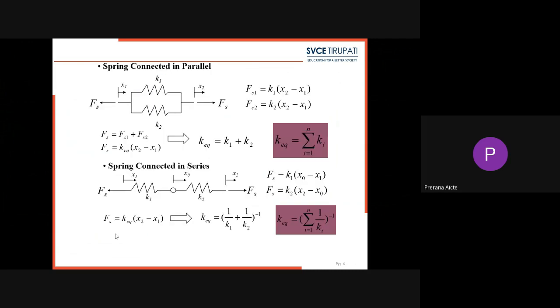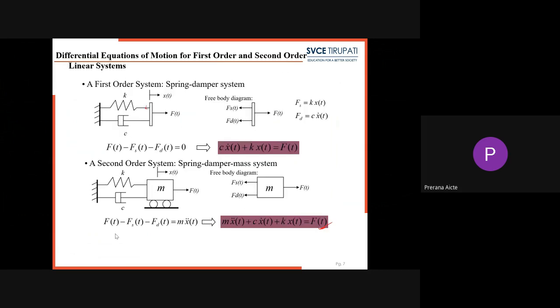And then we have stated how we can connect springs in parallel and series and how to calculate the equivalent stiffness of the system, and then the differential equations of the motion for first order and second order we have drawn on the basis of free body diagram, and then we have represented Fs is equal to Kx, Fd is equal to C into x dot.